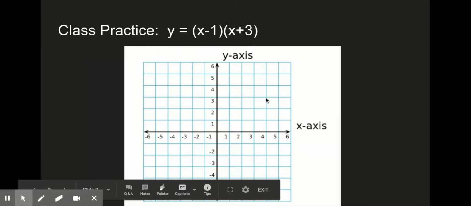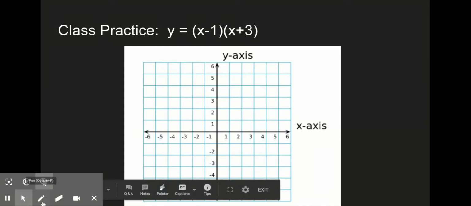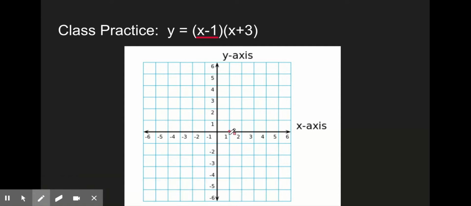Best thing for me to do before I end this video would just be to walk through a practice problem with you guys so that I could say something like, what would I have to plug in here to make this a 0? 1. What would I have to plug in here to make this a 0? Negative 3. And just like that, I've got 2 mirrored points perfectly.